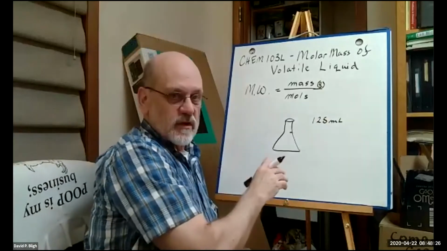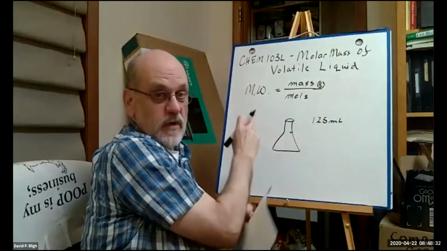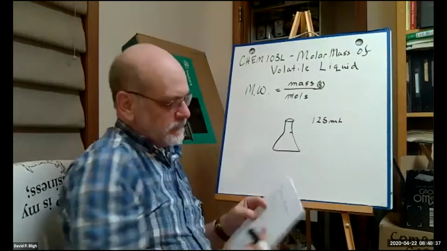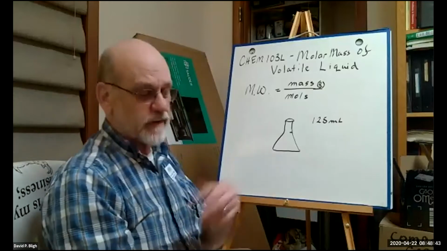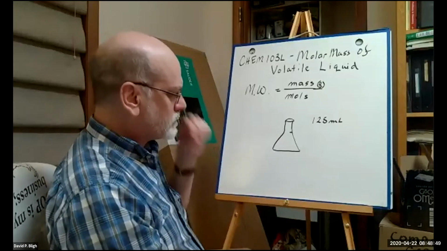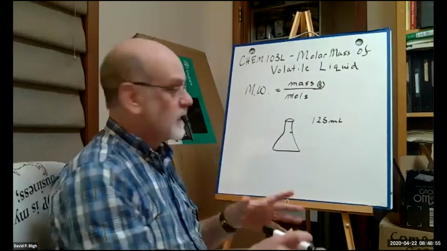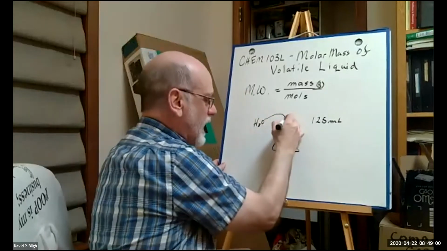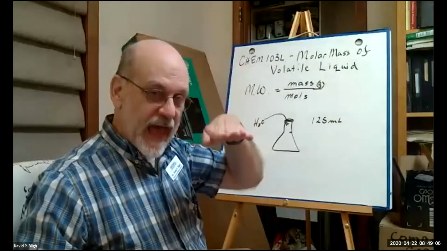But your gas is going to be confined in all of that space. Right? So you can't use that value. You have to actually determine what the volume of that flask is. And no two flasks are exactly alike. Right? The manufacturing processes are not that good. So what you will do to determine the volume, the simplest way, is just to fill it up with water right to the brim, right to the top where you're going to place your cap.